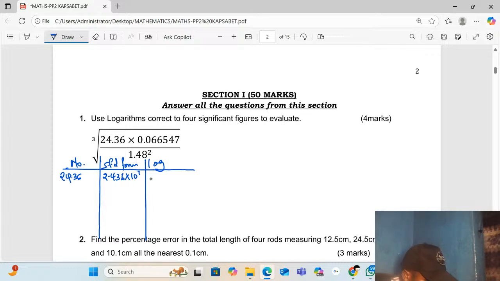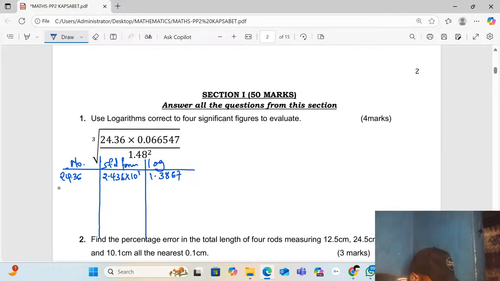So power 1, that means our answer is going to be 1 point. Then we look for the log of 2.436, which is 0.3867. Then we move to the next one.